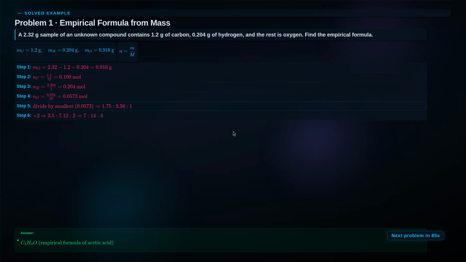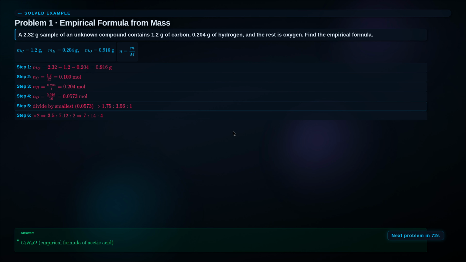Convert each mass to moles. Carbon, 1.2 divided by 12 equals 0.100 moles. Hydrogen, 0.204 divided by 1 equals 0.204 moles. Oxygen, 0.916 divided by 16 equals 0.0573 moles. Step 3. Divide by the smallest, which is carbon.